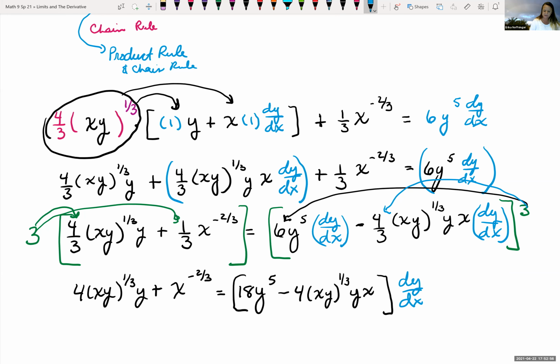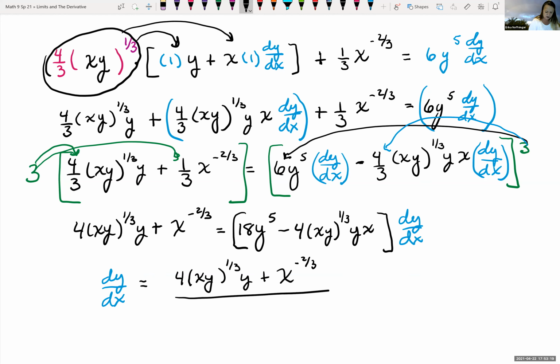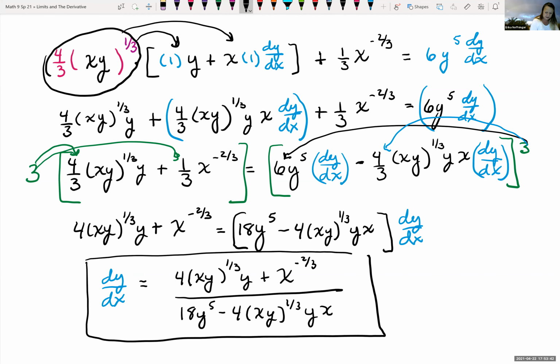So we can get that dy/dx by itself by now dividing by what I put in that bracket. So dy/dx is equal to 4 (xy)^(1/3) times y plus x to the negative 2/3, all over the bracket, which is 18y to the 5th minus 4 (xy)^(1/3) yx. And so we're done.